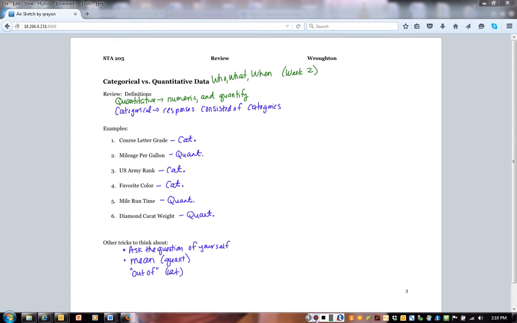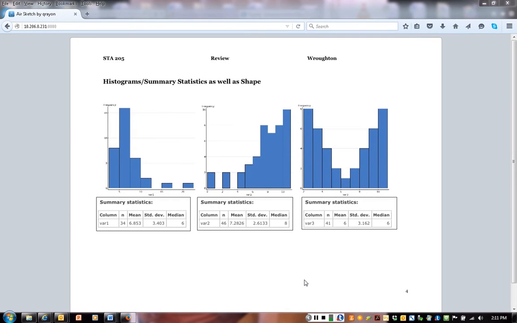Right, next I was asked to look at histograms and summary statistics and how those relate to shape and those different types of things as well. So first, I was going to focus on how you can look at the numbers to determine the shape of your graph. And when we're talking about looking at numbers to determine shape, we can use the mean and the median to help us choose the following options.